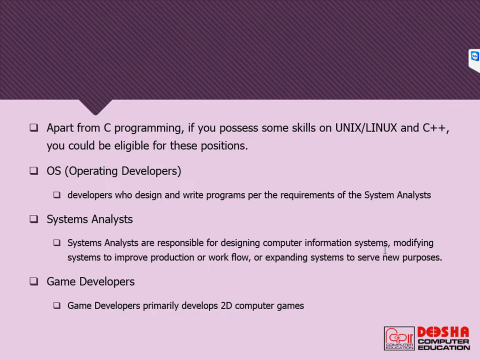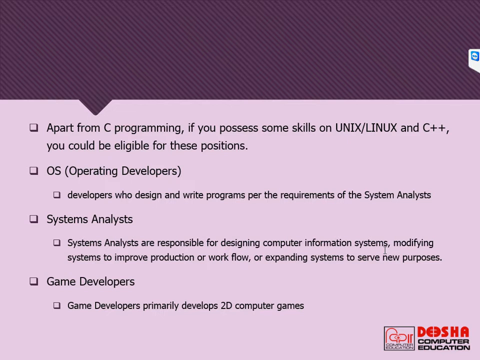System analysts are responsible for designing computer information systems, modifying systems to improve production work, and expanding systems to serve new purposes. Also, some game developers primarily develop 2D computer games using C and C++. So lots of job roles are there.